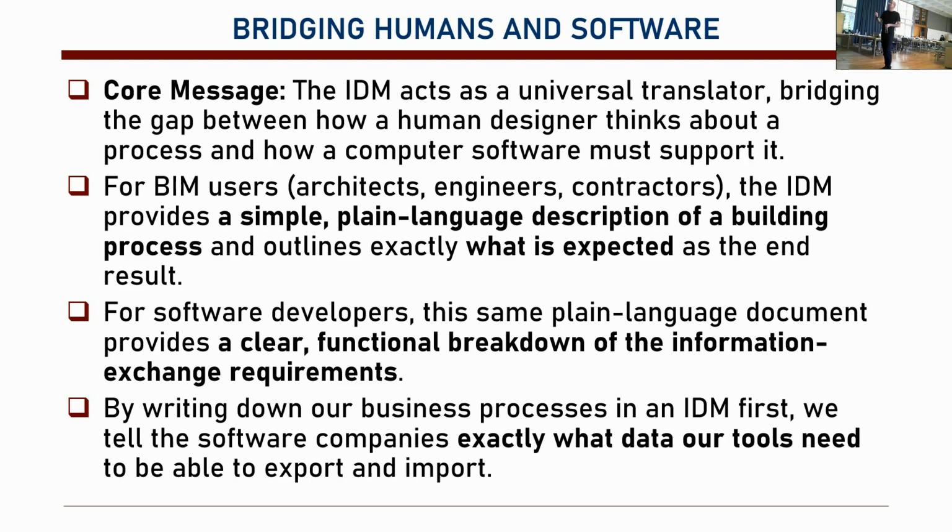This way, the facade designer defines what they need, an architect defines what they can give, and then we define what the software should do to take from the architect and give to the facade designer. So that's the idea: the software is the intermediary.